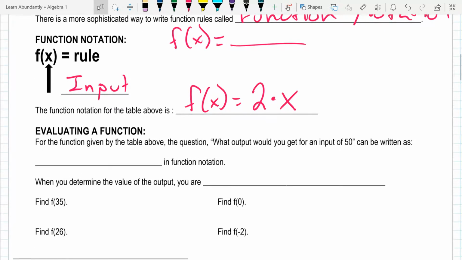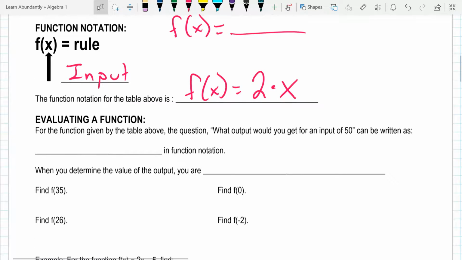Now, when we evaluate a function, if we have a rule and we want to know what output we would get for an input of 50, we can write that in function notation as f of 50. What we're saying is we're going to plug 50 in for the input, and we want to know what would happen.